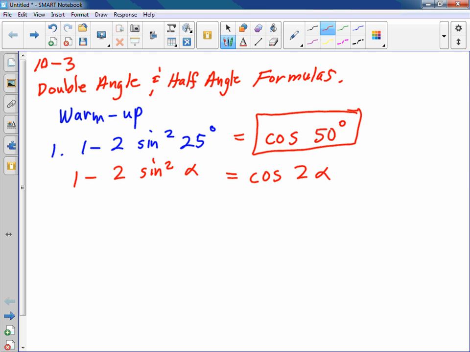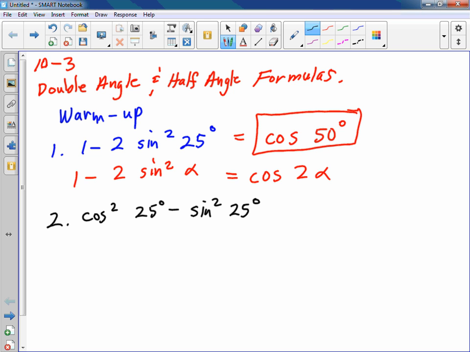Okay, let's try another one. Not too bad. Cosine squared 25 degrees minus sine squared 25 degrees.